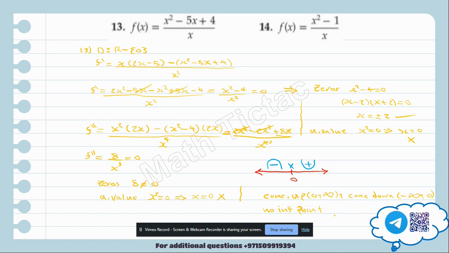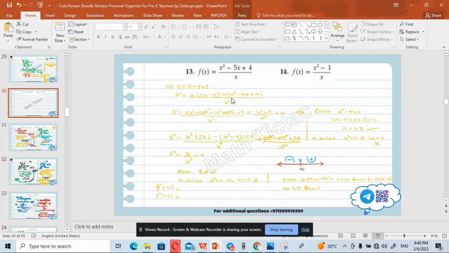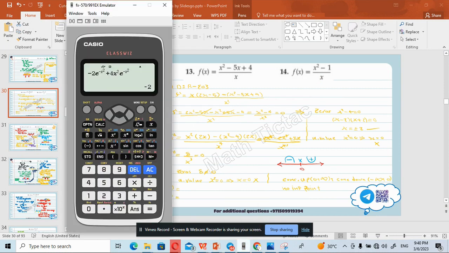After that, if we would like to calculate the local points, I'll find directly f double prime of the critical numbers, so f double prime of positive 2 and f double prime of negative 2. So let's substitute it directly in the calculator. Let's see the calculator.